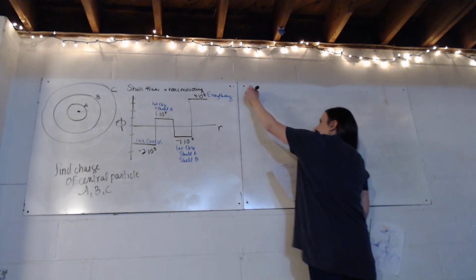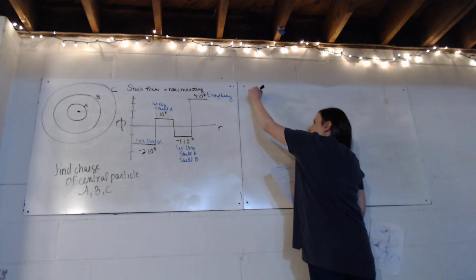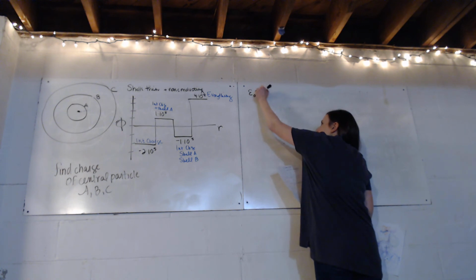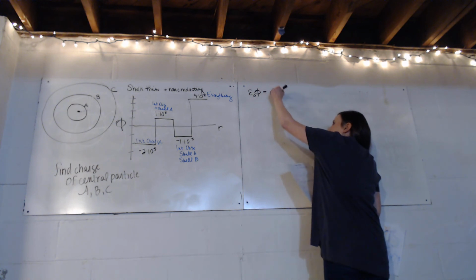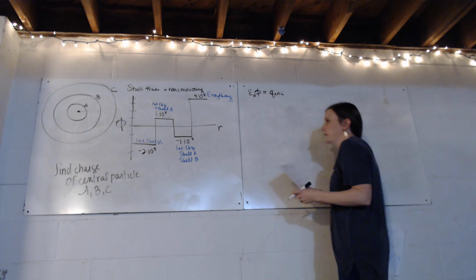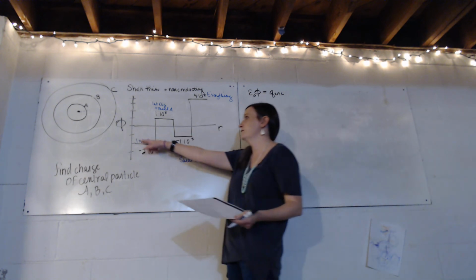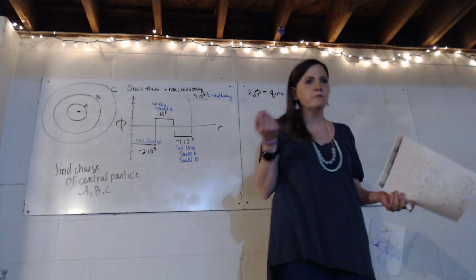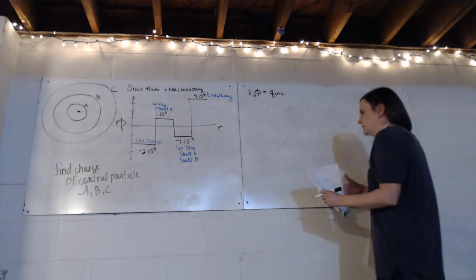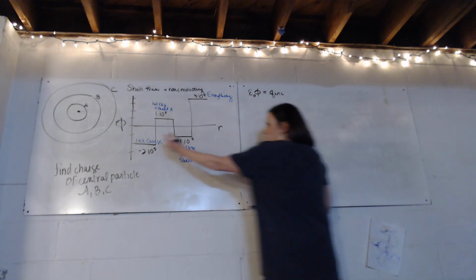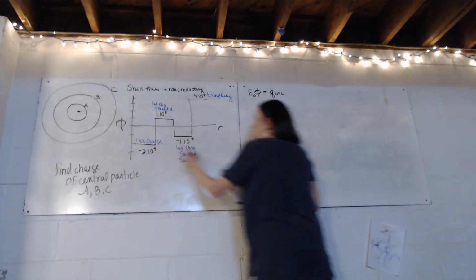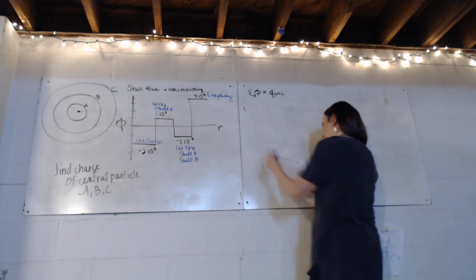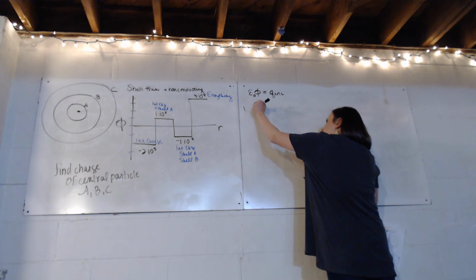Gauss's law says epsilon naught times net flux is equal to Q enclosed. Well, I have net flux for each of these different places. Epsilon naught is just 8.85 times 10 to the negative 12. So I can find my charge enclosed. So you work your way out. I'm going to start with that interior charge.